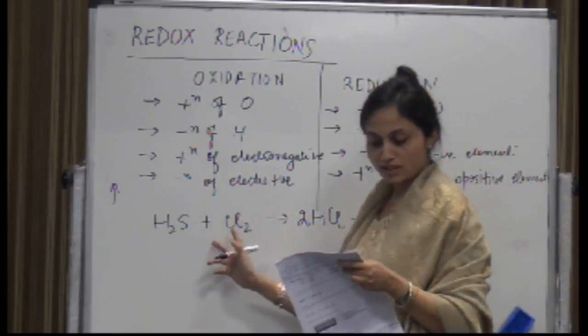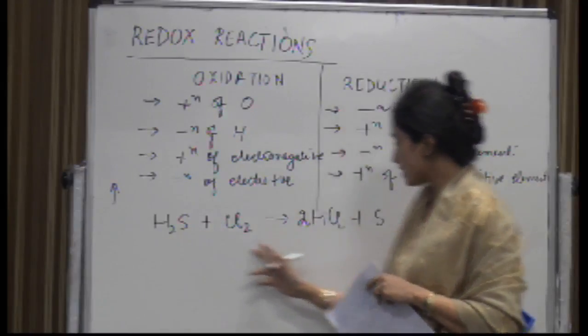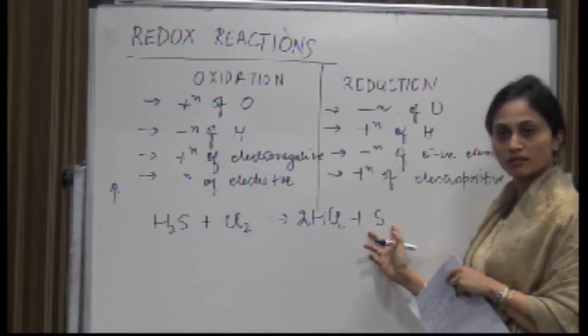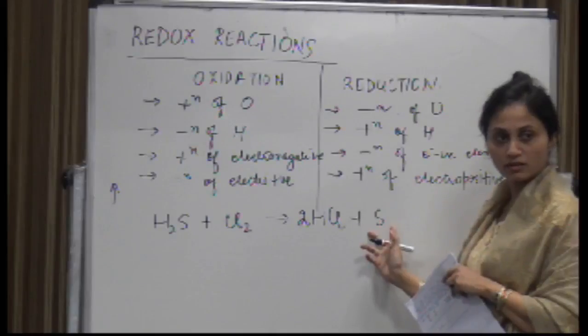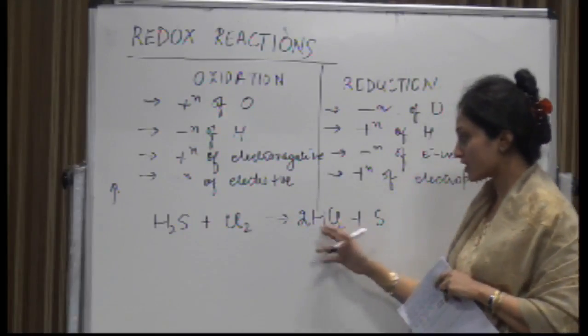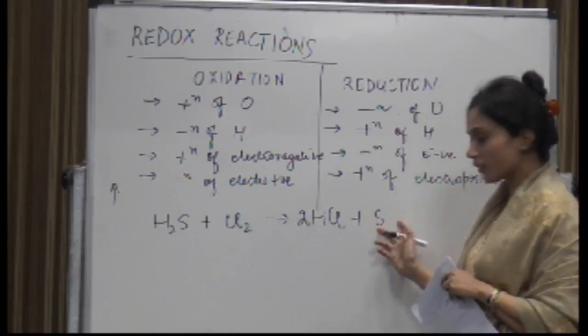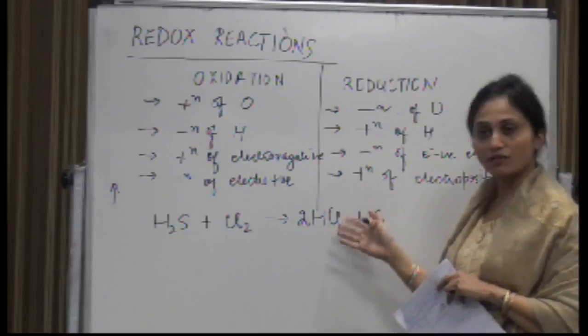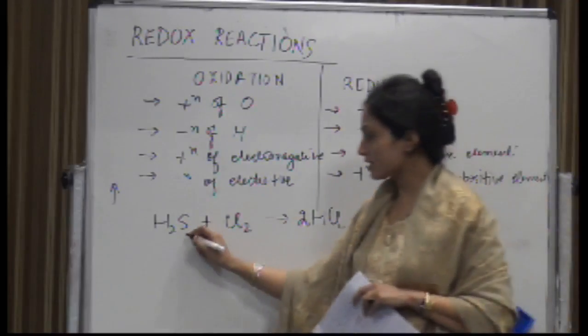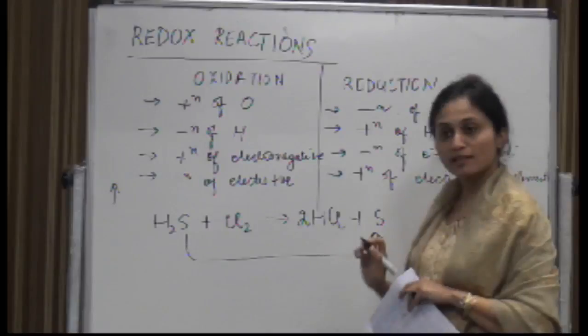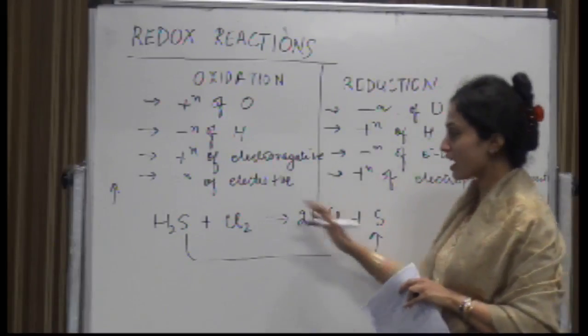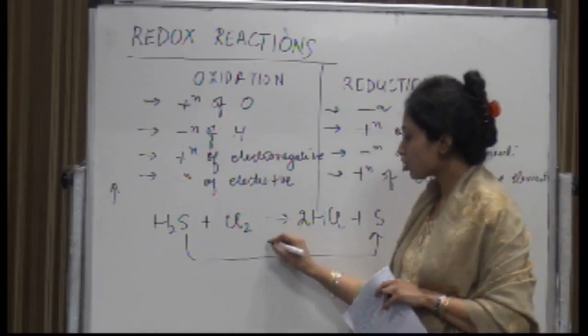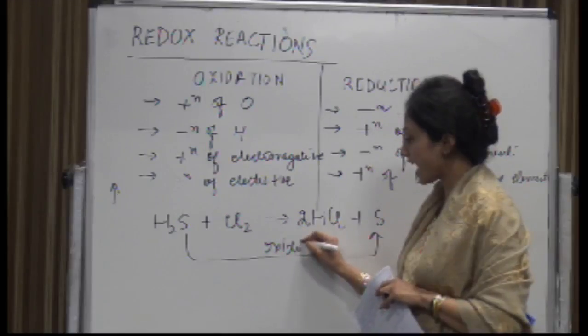So what is happening? H2S is losing its hydrogen here. Look, the H2 is separated from H2S, and sulfur is left. So from the very basic definition that you've done, H2S is getting converted to simply S. That means hydrogen is getting removed, so this is getting oxidized.